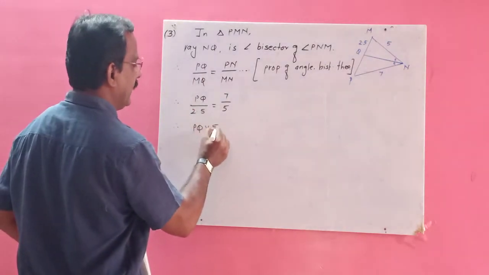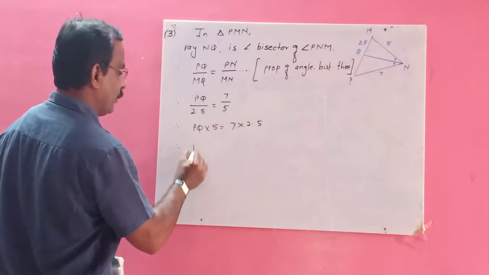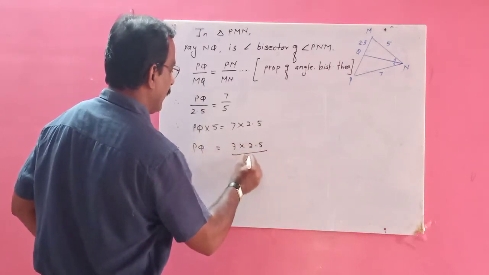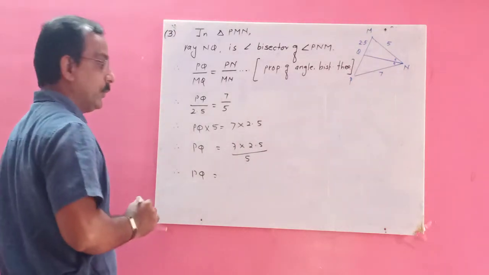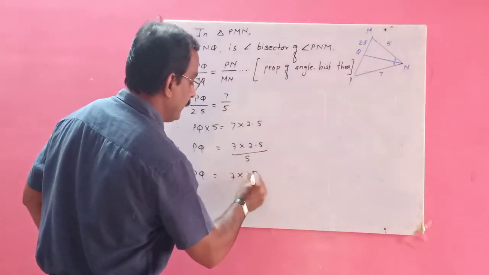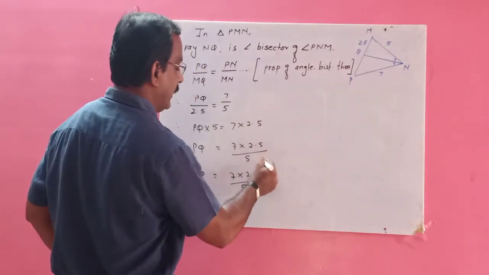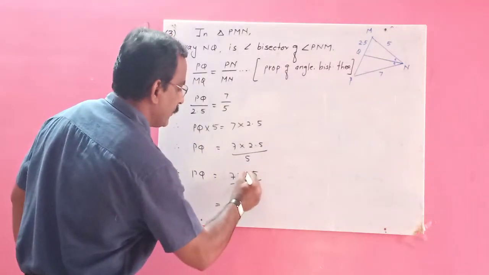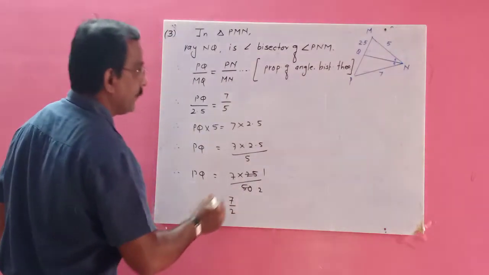PQ into 5 is equal to 7 into 2.5. Therefore, PQ is equal to 7 into 2.5 upon 5. Multiply here by 10 and here by 10, so 25 upon 50. Now it easily gets cancelled: 25 ones are 25, 25 twos are 50, so 1 upon 2 and 7 upon 2.